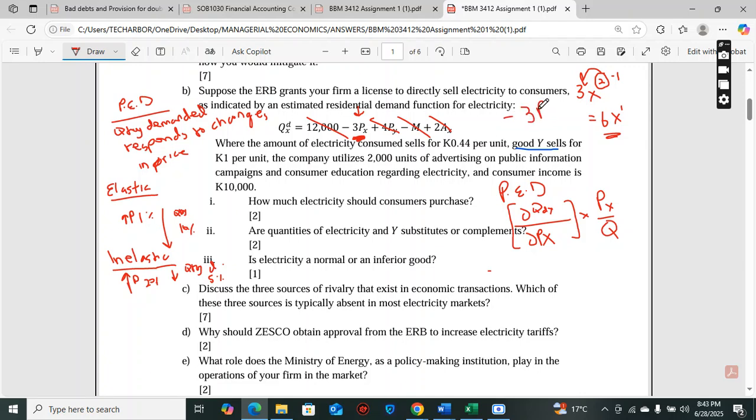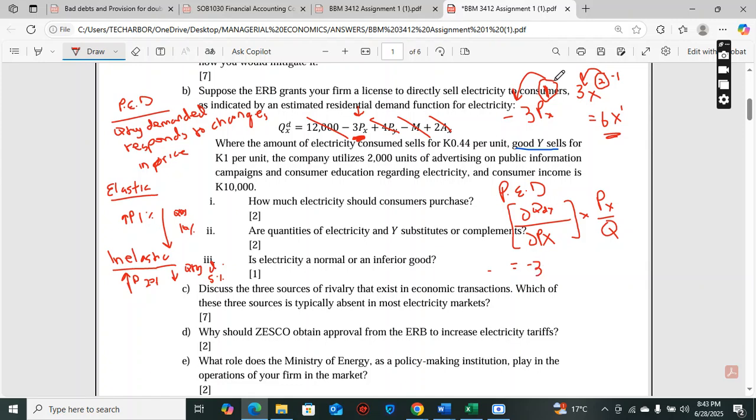The way we treat x is the same way we treat px. This px is px to the power 1. So you multiply 1 times negative 3, and you get negative 3.